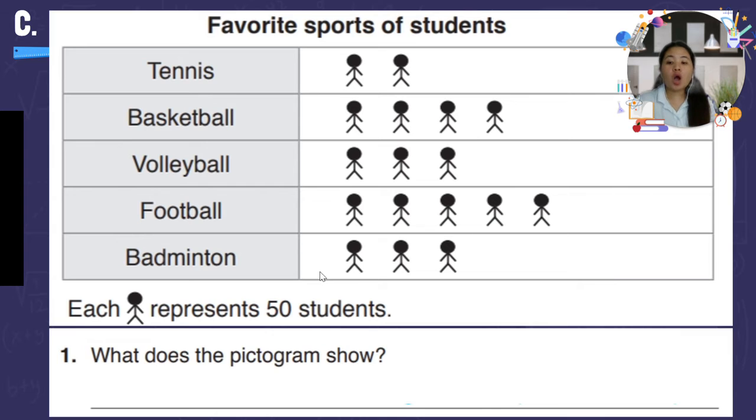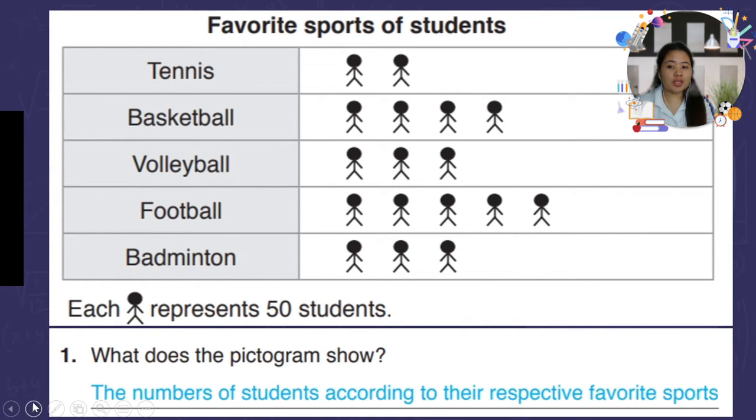Now let's answer the following questions. Number 1, what does the pictogram show? That will be the title: favorite sports of students. You can also answer the number of students according to their respective favorite sports.